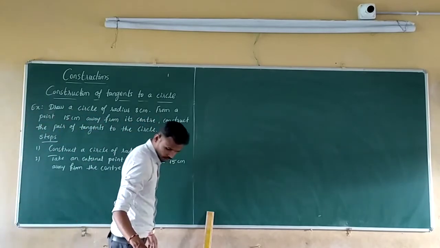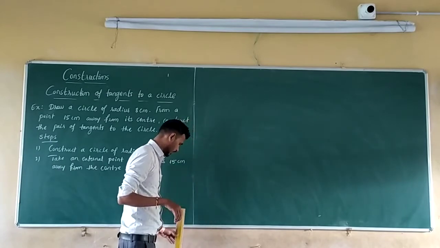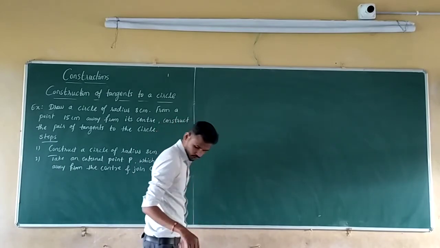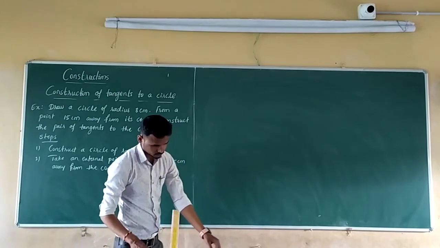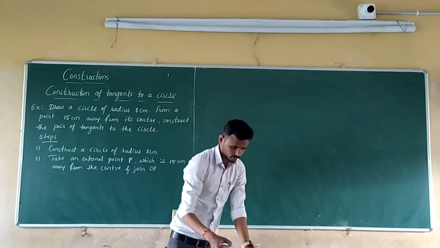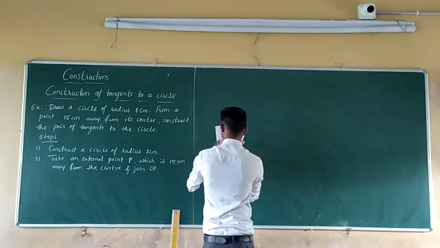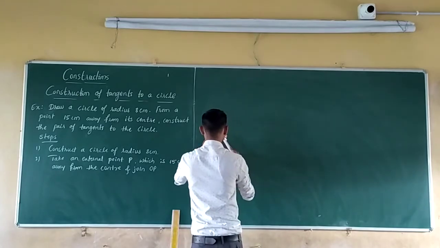So first of all, draw that circle. We go through it stepwise. You draw the circle of radius 8 cm first.